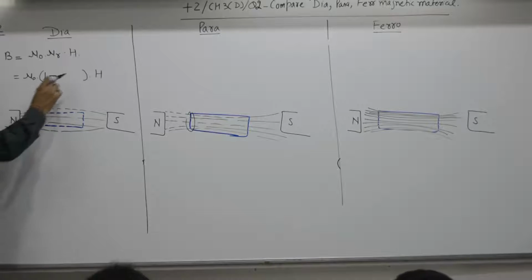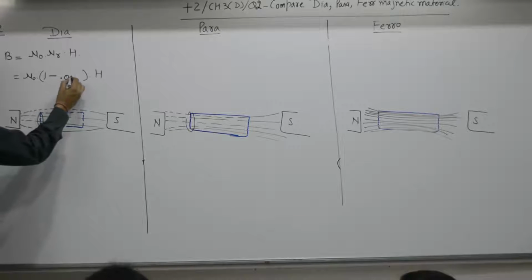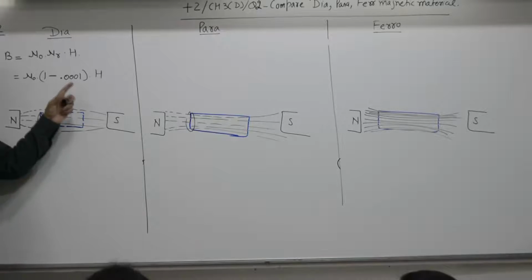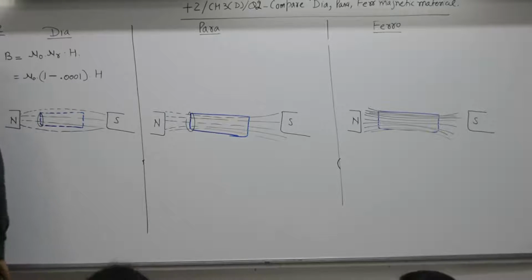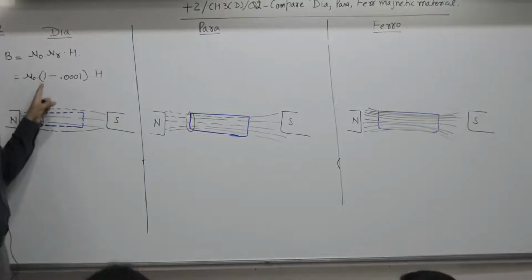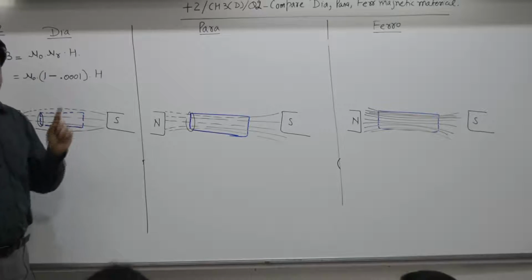In books you may get 10 to the power minus 4 or 10 to the power minus 5, nothing to worry about. I will just give an idea; whether it is 3 zeros or 4 zeros makes no difference. Slightly less than 1 is the correct answer. mu_r is slightly less than 1 is the correct answer, or one of the choices, mu_r is less than 1.